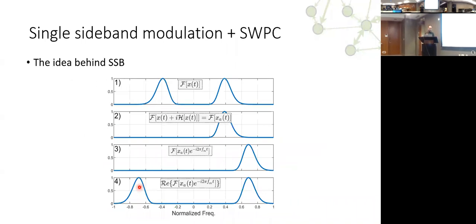And you probably know single sideband modulation is an old method in communication theory, I think 60 years old at this point. And it's very simple. If this is the spectrum of your signal, you just use the Hilbert transform to get the analytic signal, and then modulate it to a higher frequency.